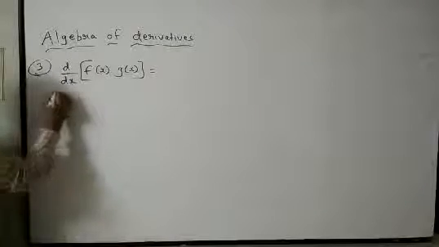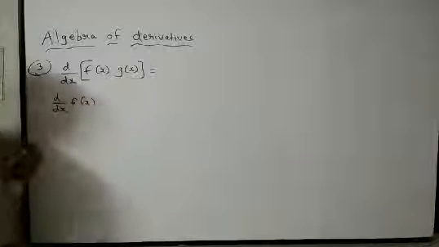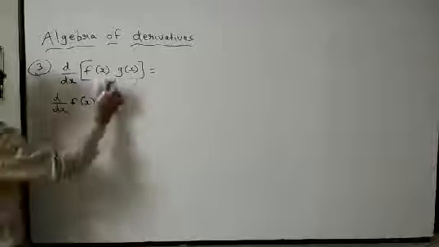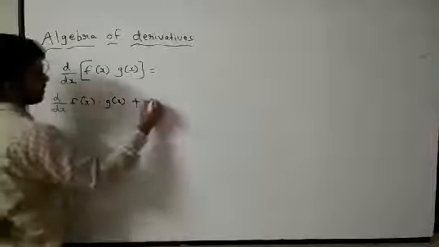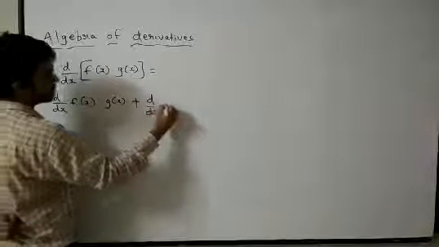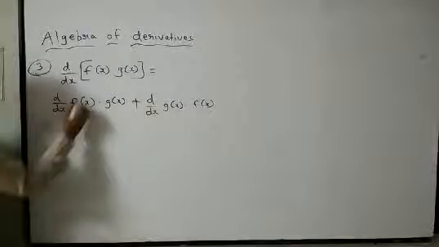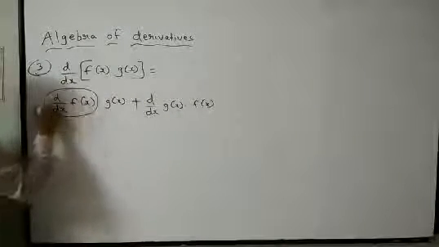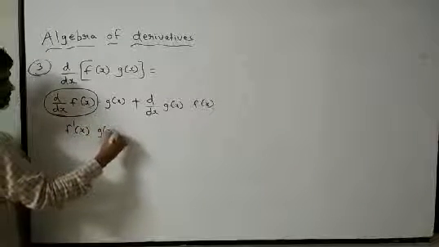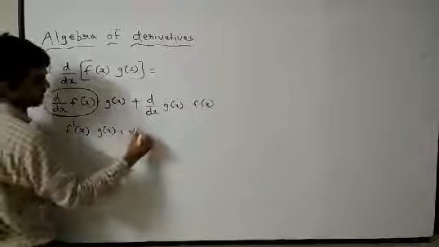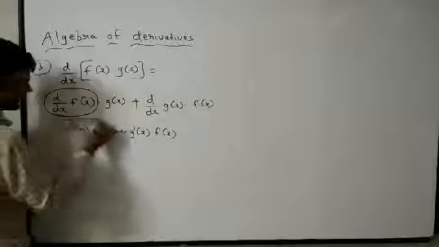First of all, this d by dx you have to apply with f of x, then keep this g of x multiply as it is, plus you have to do d by dx of g of x multiply f of x as it is. Means if d by dx of f of x I am writing as f dash of x into g of x, plus this I am writing g dash of x into f of x, right?